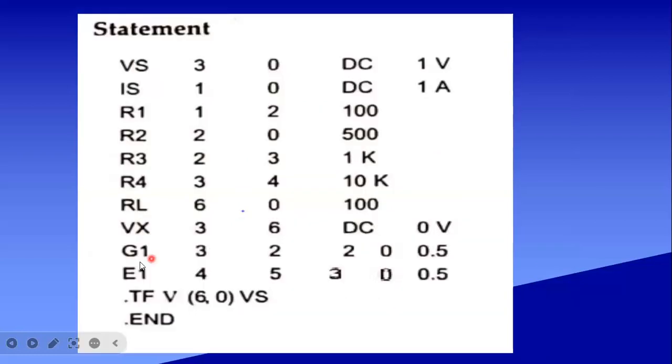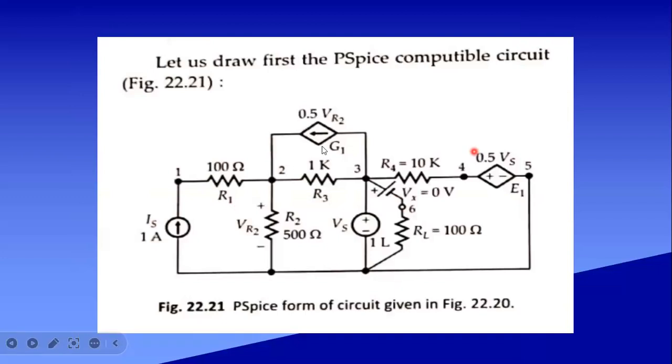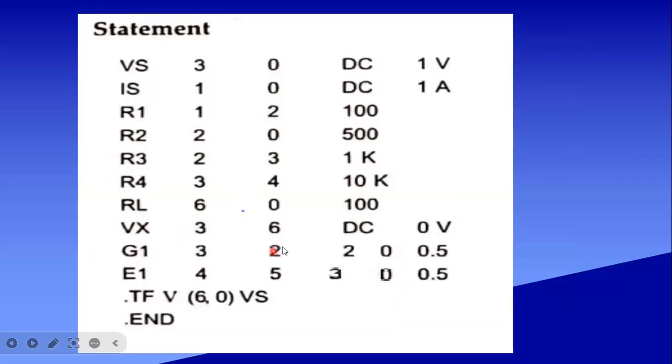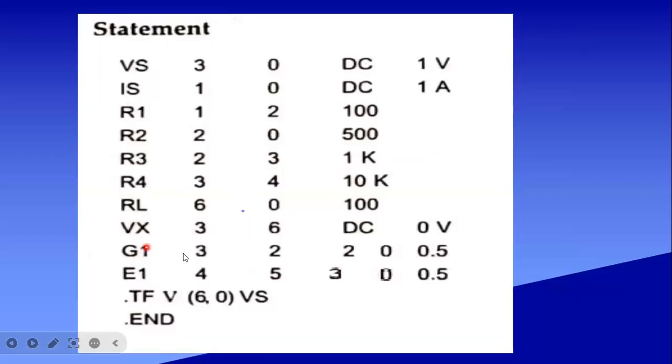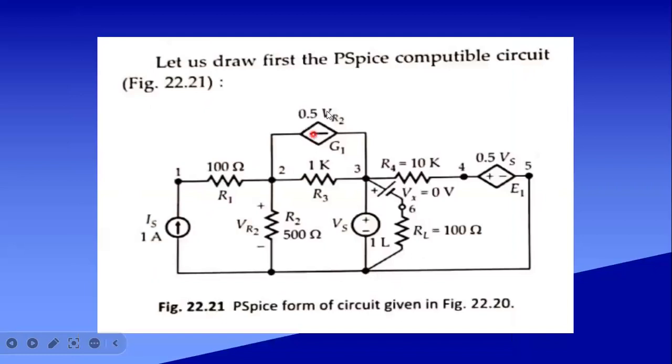Okay. Then next, coming to G1. How to write the program for the G1 source? G1 is called a voltage dependent current source. G1 is connected between 2 and 3, with current in this direction. That's why we write G1 connected between 3 and 2, and it depends upon 2 0, the voltage across R2, VR2. The gain is 0.5.